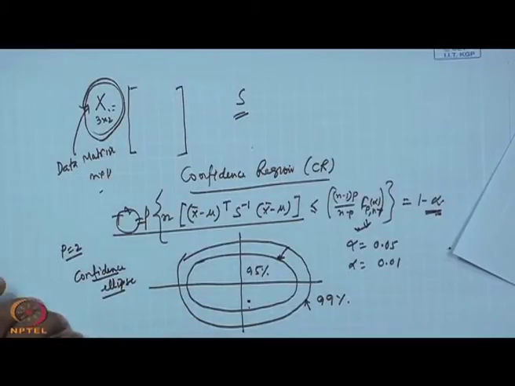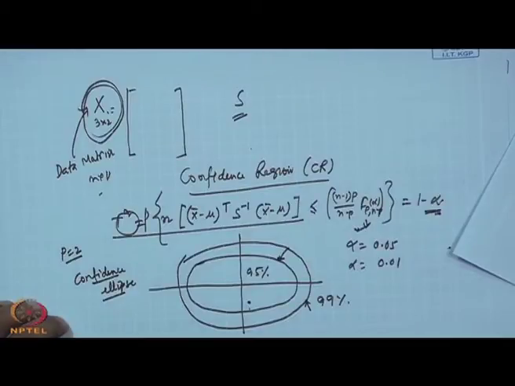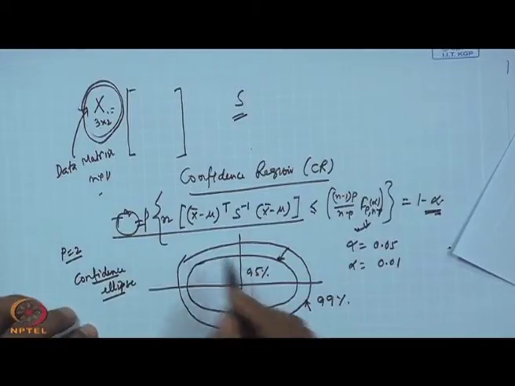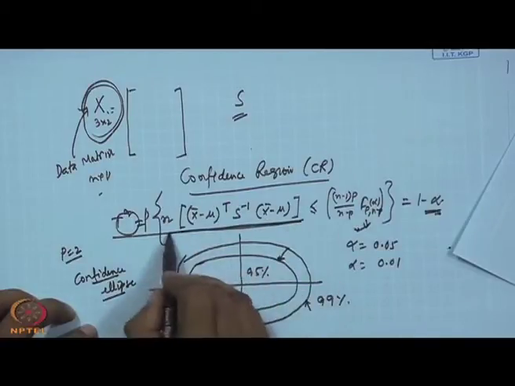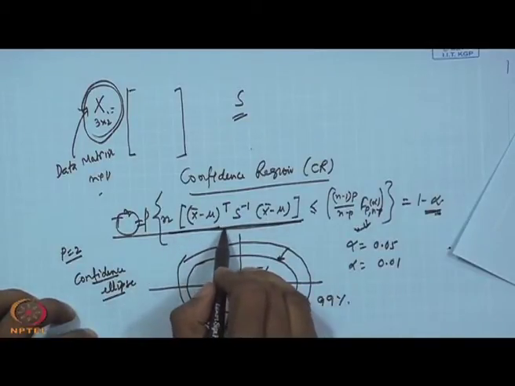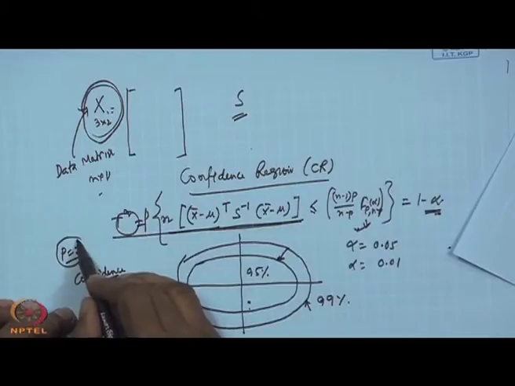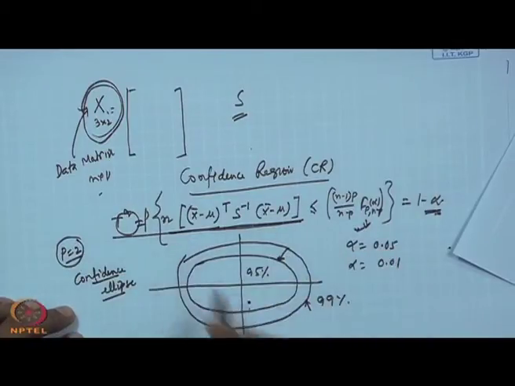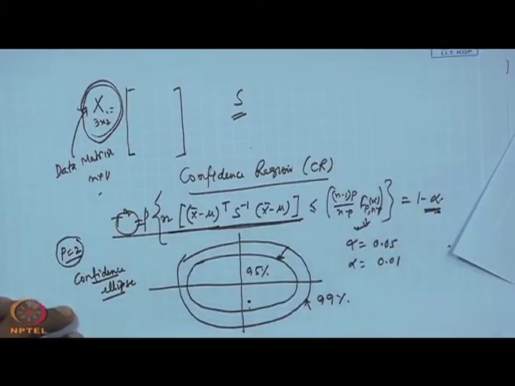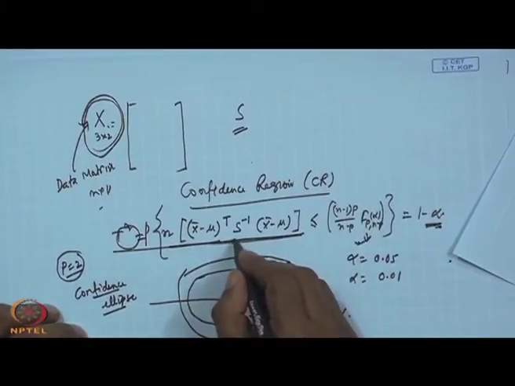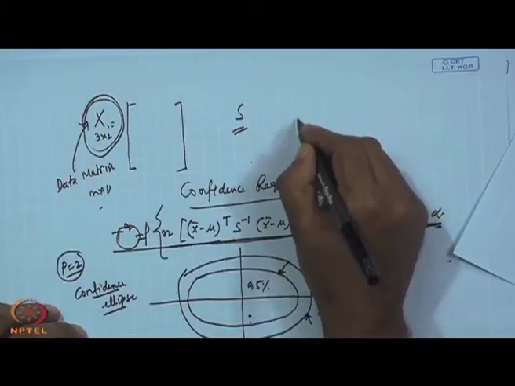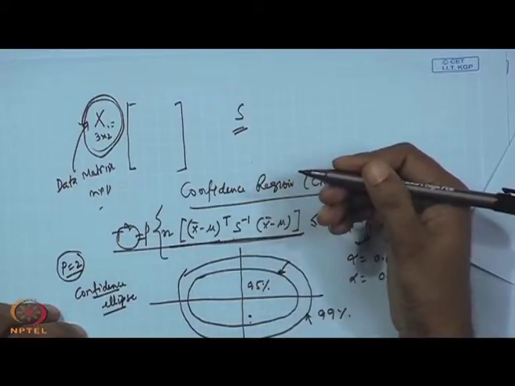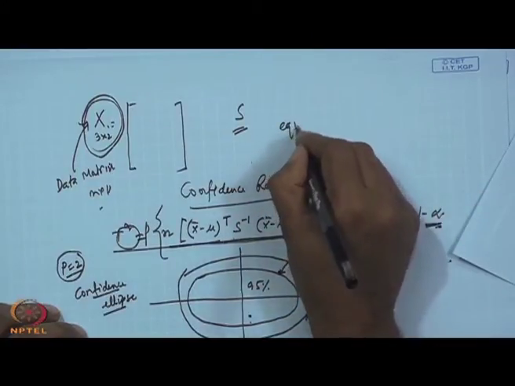This is known as the confidence ellipse. Where is this ellipse coming from? You have already seen that this is a quantity which is the equation of an ellipse when p equals 2, and when p is more than 2 it will be the equation of an ellipsoid. What will this equation be when all the variables have equal variance?